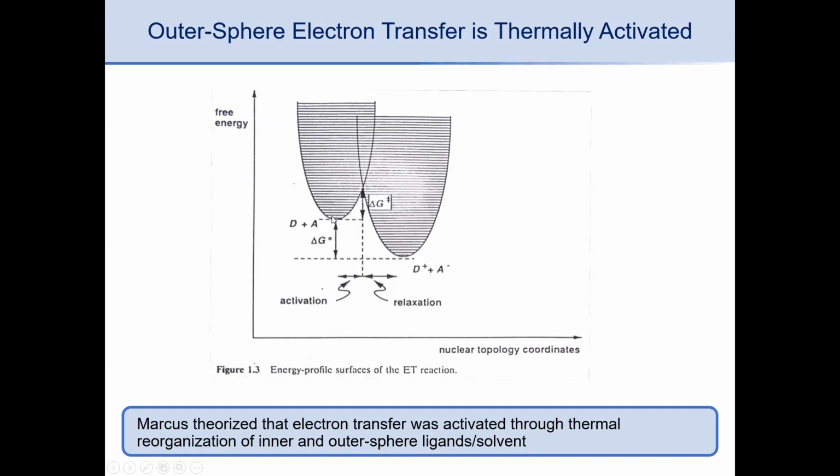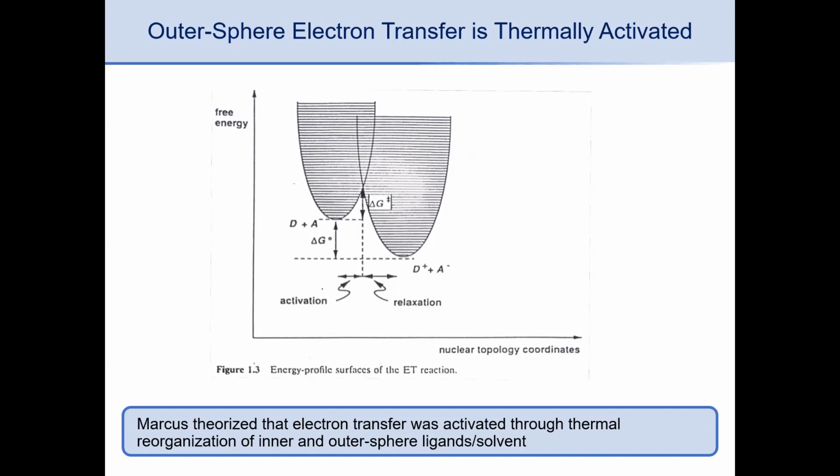The reason is that this activation barrier is composed of two main things. First is the reorganization of the inner sphere ligands, that is, those ligands that are directly bound to the metal compounds, or the donor and acceptor, and second is reorganization of the solvation shell around the compounds.